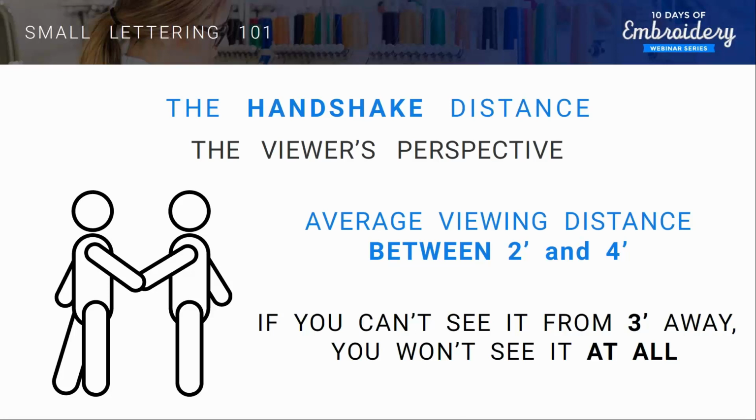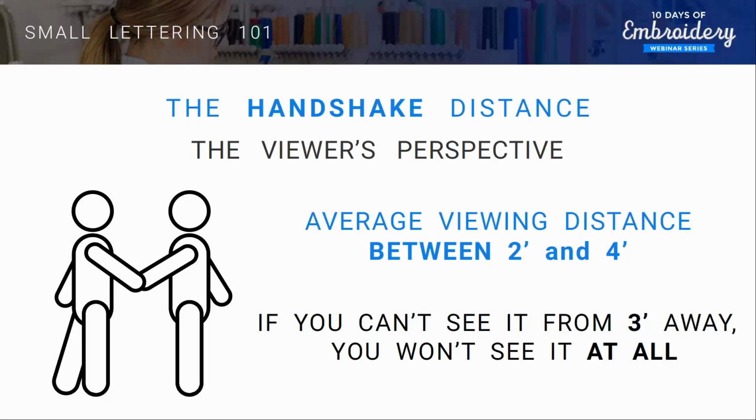They're not going to be necessarily that close to each other. So if you think about this, in any design you're doing, whether it's on a hat or on your left chest, the distance between the person who's looking at that logo and the logo itself is between 2 and 4 feet. So my rule is that if something isn't legible from about 3 feet away, you won't see it at all.